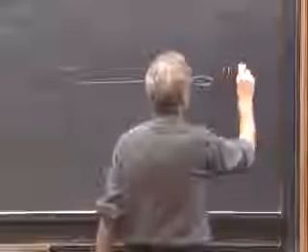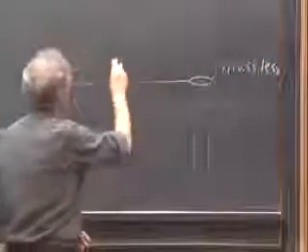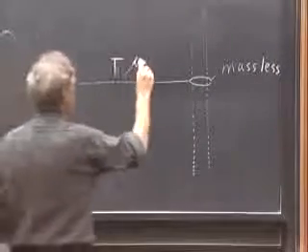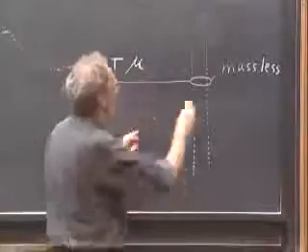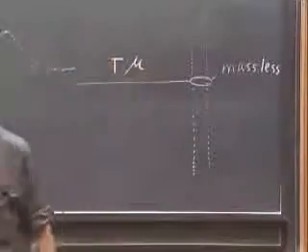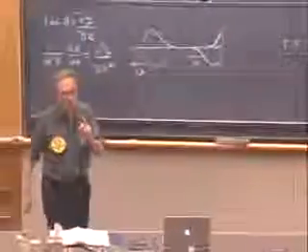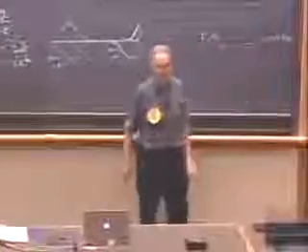Massless. But the tension, of course, is there, and mass per unit length is mu. None of that changes. But here is a massless ring, and this is a rod with zero friction. Those are very different boundary conditions. This point can now move up and down. And it will.